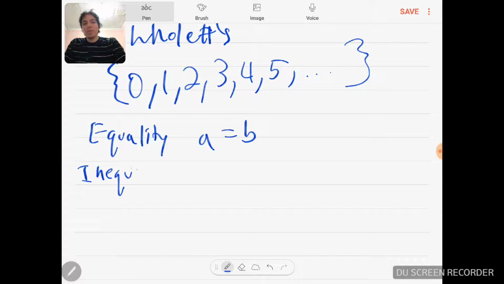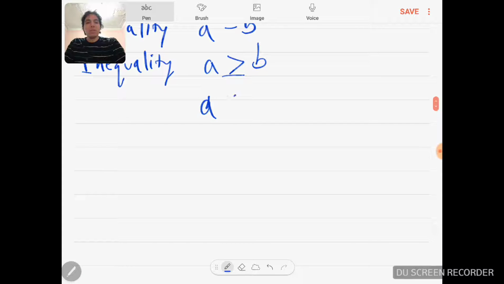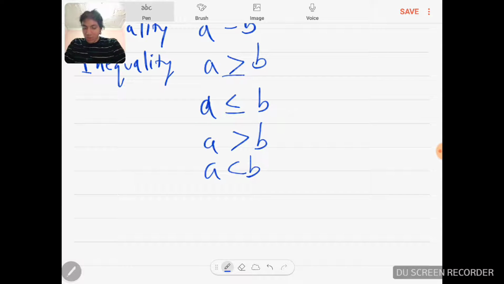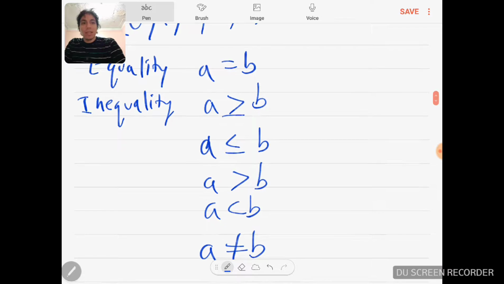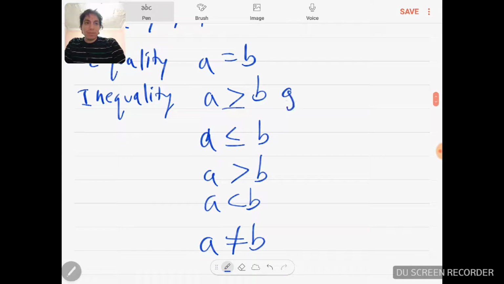Obviously, inequalities, I'm pretty sure you know what each one is. Inequality is greater than or equal to, less than or equal to, so strictly greater than or strictly less than a certain object.